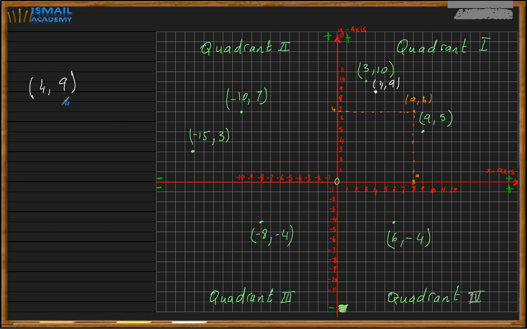Or I start with 9 on the y-axis, and I go horizontally 4, then I get my point, which is 4, 9. So this is exactly how we draw a point in the coordinate plane. For example, if I want to draw minus 3, minus 11, I go to minus 3, and I go down 11, so it's going to be here. Then I draw my point and put the coordinates minus 3, minus 11. So this is how we draw a point on the coordinate plane.